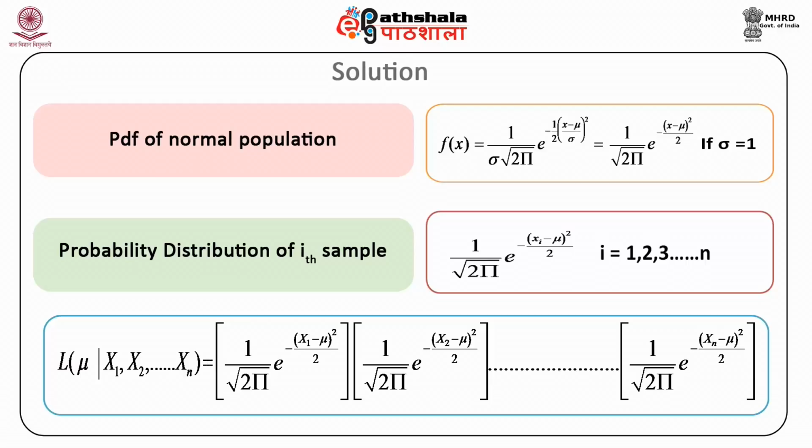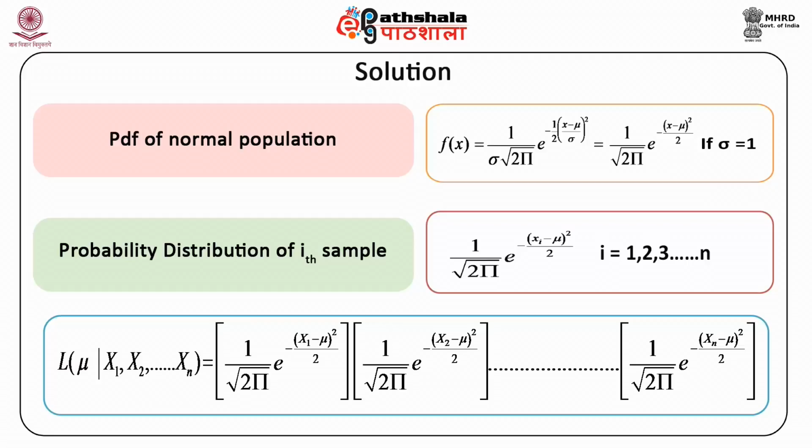Therefore, L of mu given x1 to xn is equal to the product of 1 upon root 2 pi into e raised to the power minus (x1 minus mu) square divided by 2, into 1 upon root 2 pi into e raised to the power minus (x2 minus mu) to the power 2 divided by 2, and so on up to 1 upon root 2 pi into e raised to the power minus (xn minus mu) whole square divided by 2.